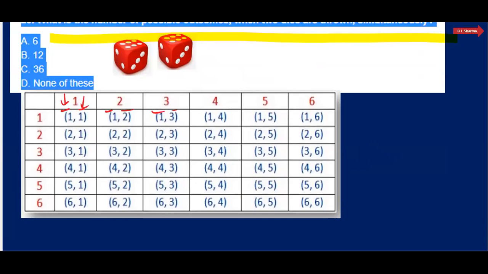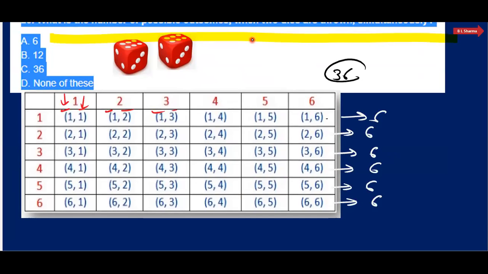So you check this table, total possible outcomes will be 36. That is 6, 6, 6, 6, 6 and 6. So C is the correct option here.